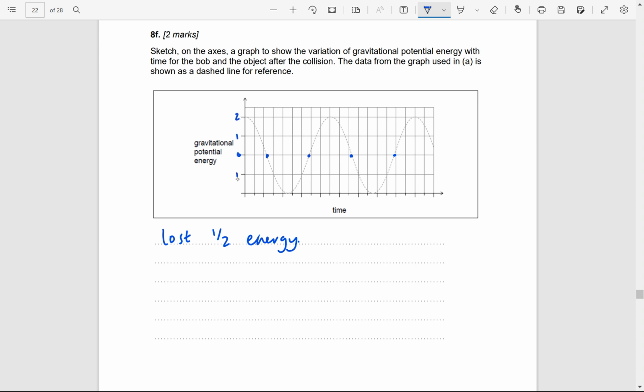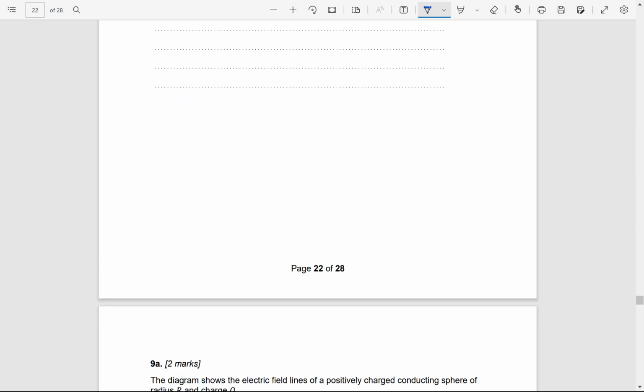So if this is 0, 1, 2, 1, 2, it's going to go from here up to here, like this. So we're going to have half the amplitude, and we're going to be the inverse.